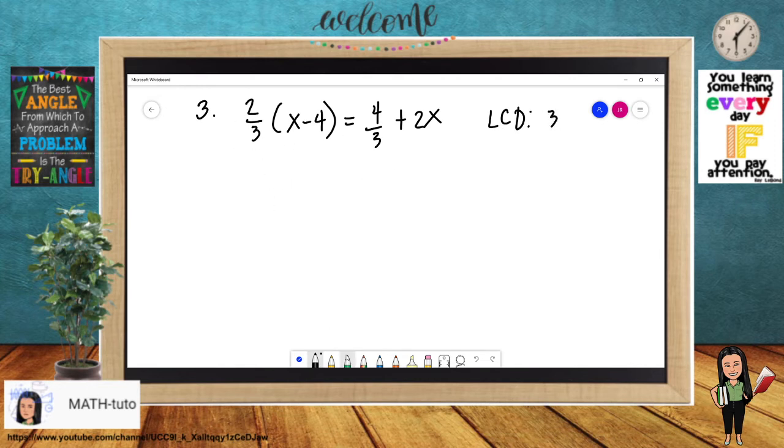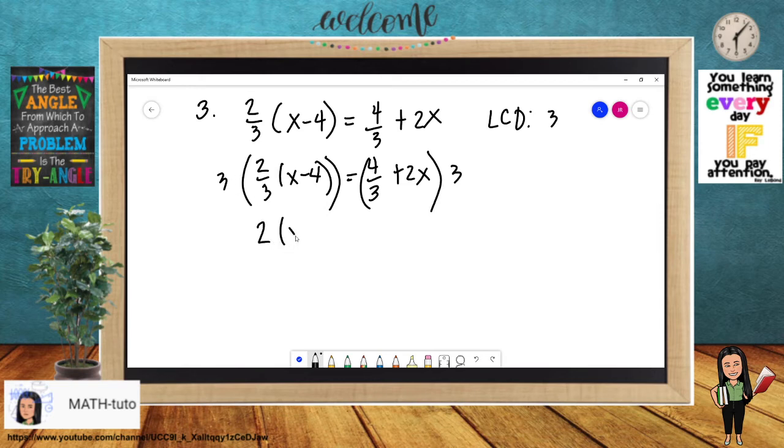By multiplying by 3, rewrite ko lang siya, 2/3 x minus 4 para makita natin na yun ang given. We multiply this side by 3 and then this side we multiply by 3. Ito magiging 2 na lang times x minus 4 equal to 4 plus 6x.